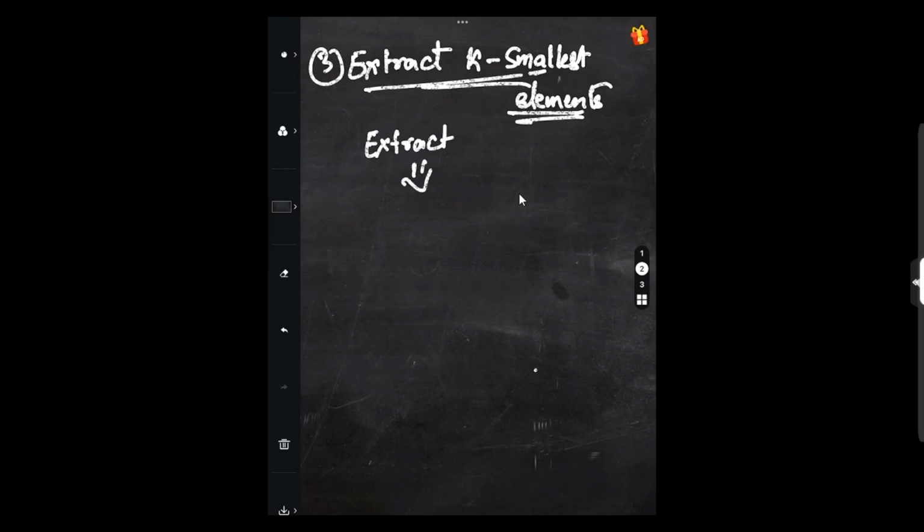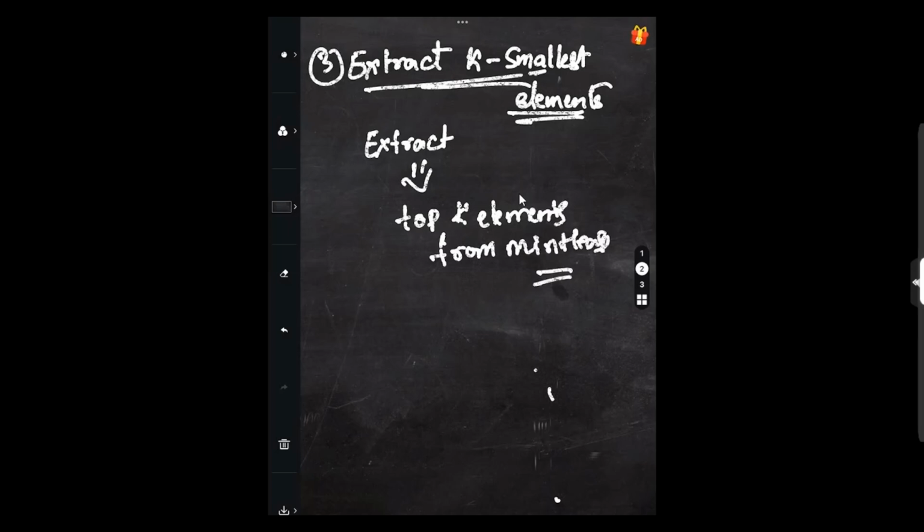If you know the min heap, we can go with the insert and extract functions within the class. Within the extract function, we are extracting the top k elements from the min heap.